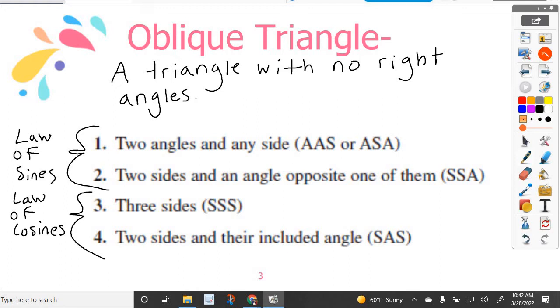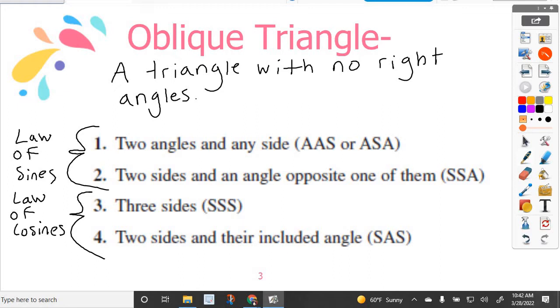Now, what congruency property or combination is not up there? Angle, angle, angle. Why can't I use angle, angle, angle? Because the angles can be the same, but the sides can be different. Correct. So it creates what types of triangles? Similar triangles. And how many similar triangles can I make that have the same angles?